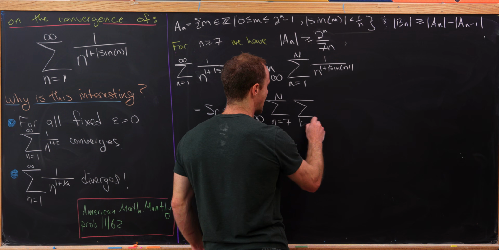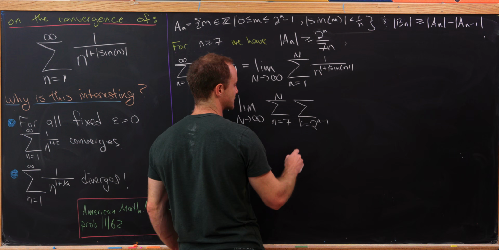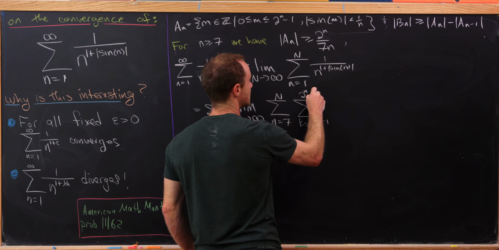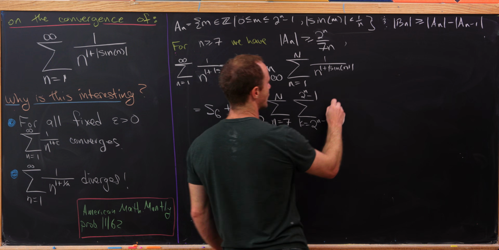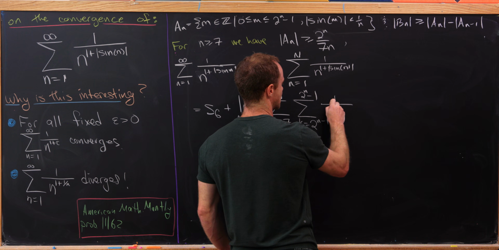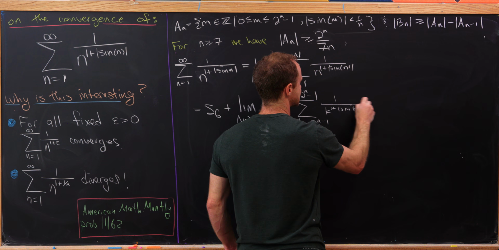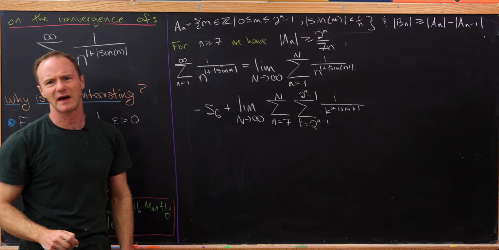So this will be k going from 2 to the n minus 1 up to 2 to the n minus 1. One of those is in the exponent and one isn't. And now we'll have the same argument for our sum. So that's just kind of indexing these things between powers of 2.